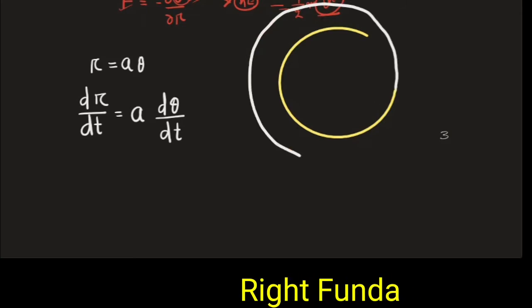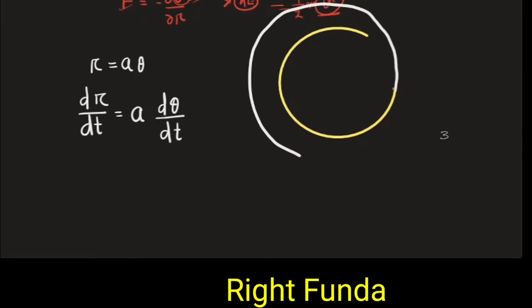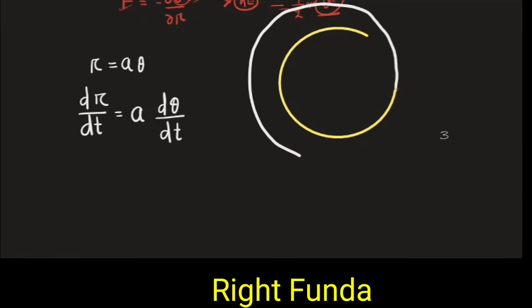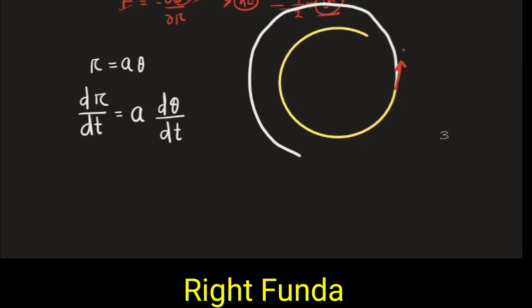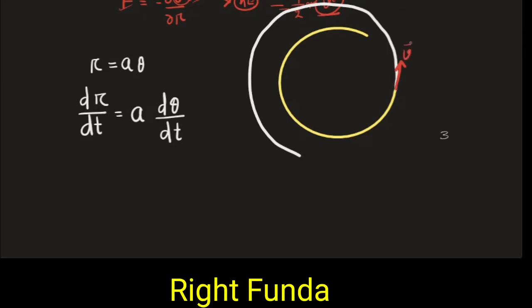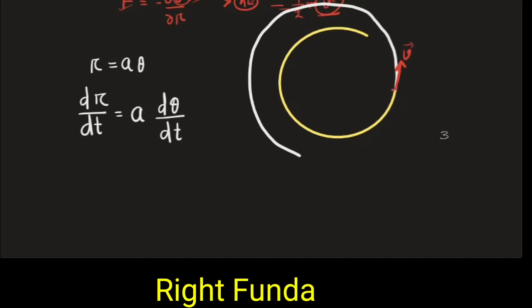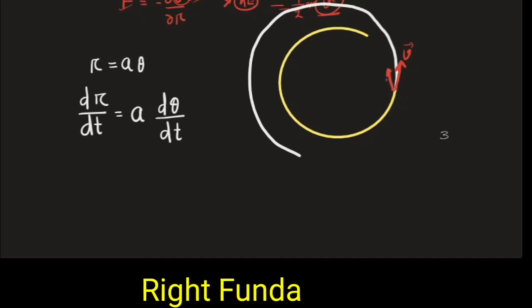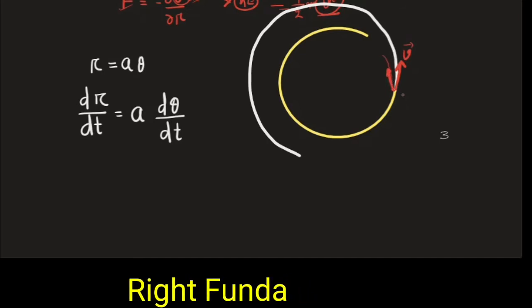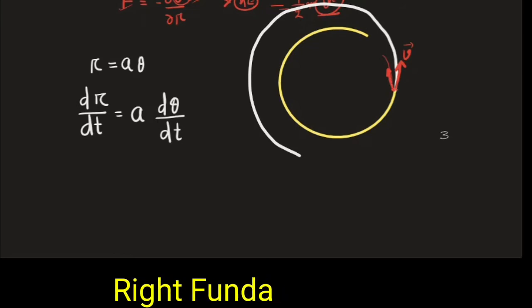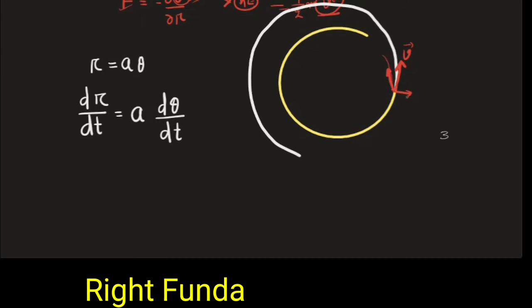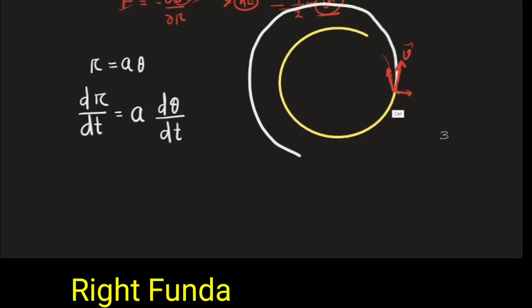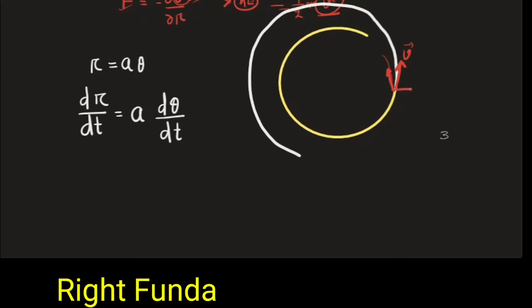So here, if I draw the velocity vector of the particle, the velocity vector will be like this, tangential to the path. This velocity vector will have two components. One component will be like this, tangential to the circle, and another will be like this. At this point I resolve it into two components: one along the radius, and another perpendicular to the radius.